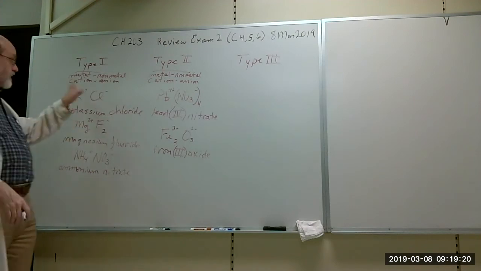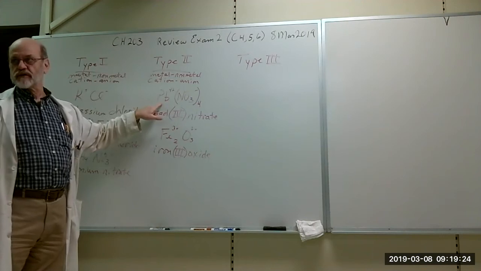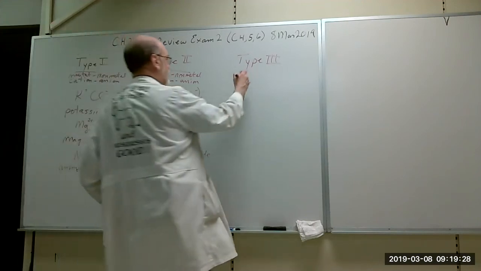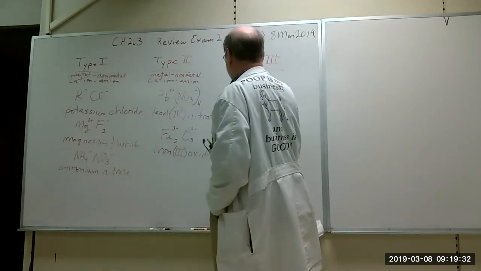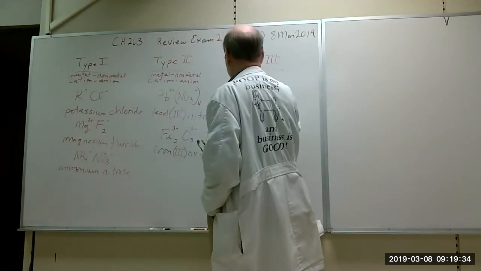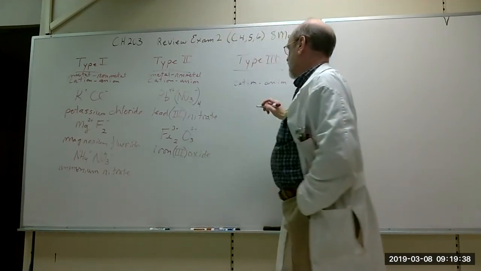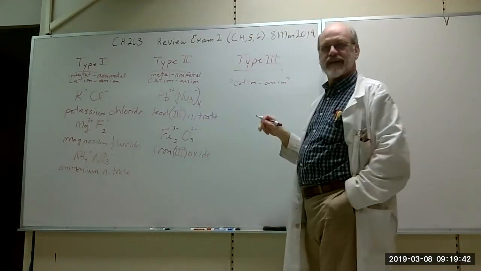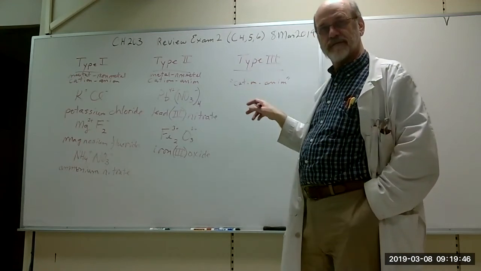The only difference between this one and this one is the possibility of more than one charge for the cation. Type 3s, we have this type of arrangement, but it's not real because type 3 compounds are not ionic.